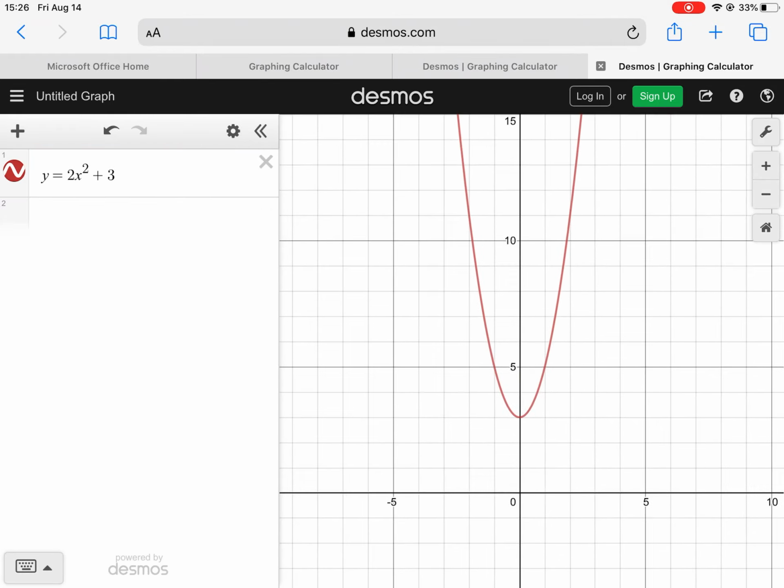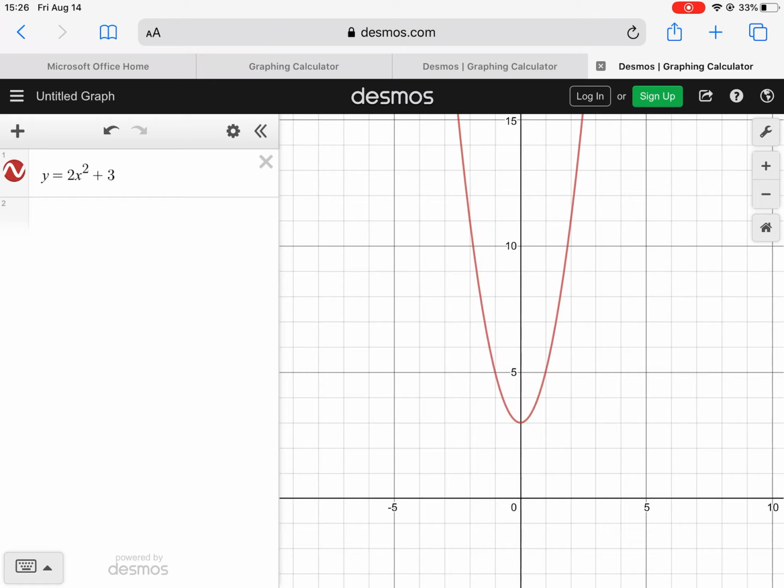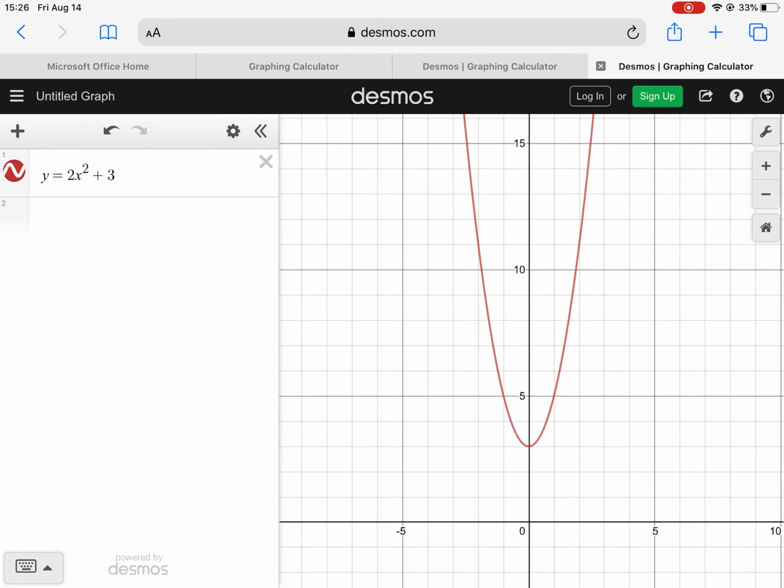I'm going to use my finger to kind of drag that around. Y equals 2x squared plus 3. So if we're looking at this graph, if we take a look at the y-axis, you'll notice that the graph could basically fold around the y-axis and it would end up on top of itself.